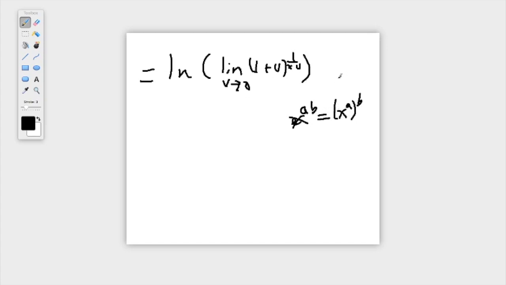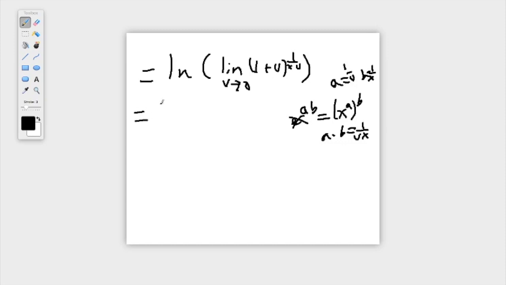So if we have our a as 1 over u, and our b as 1 over x, because a times b would be 1 over u times x, let's make that substitution.